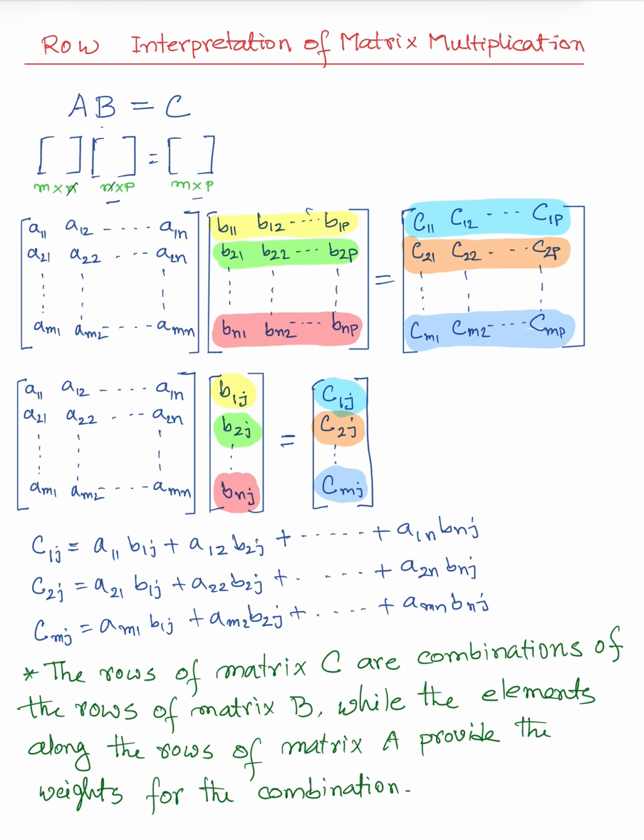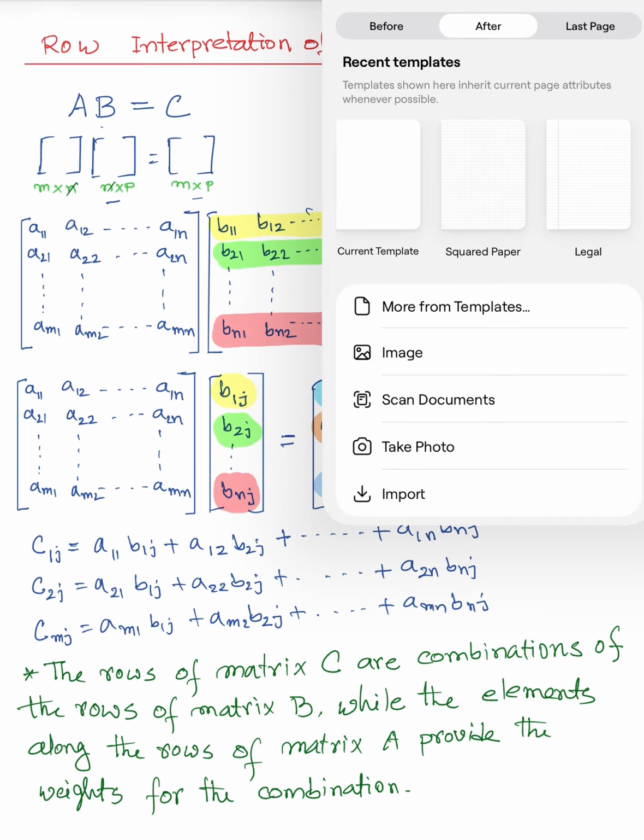Now let's jump into an example to see how we can utilize this method. Say we have A equal to 1, 3, 5, 2, 4, 6.